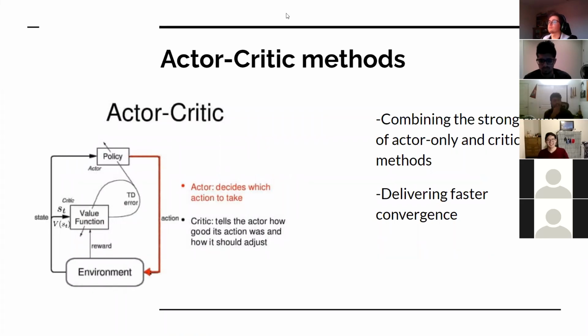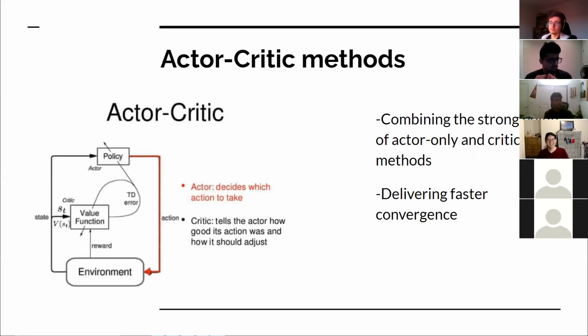Okay. Well, now we're gonna hone in more on what actor-critic actually is. First, you want to really know what actor-only methods and critic-only methods are. We kind of addressed this with the general applications of RL. A critic-only method is usually value-based, where you try to find the optimal value function between an action and the value or reward.